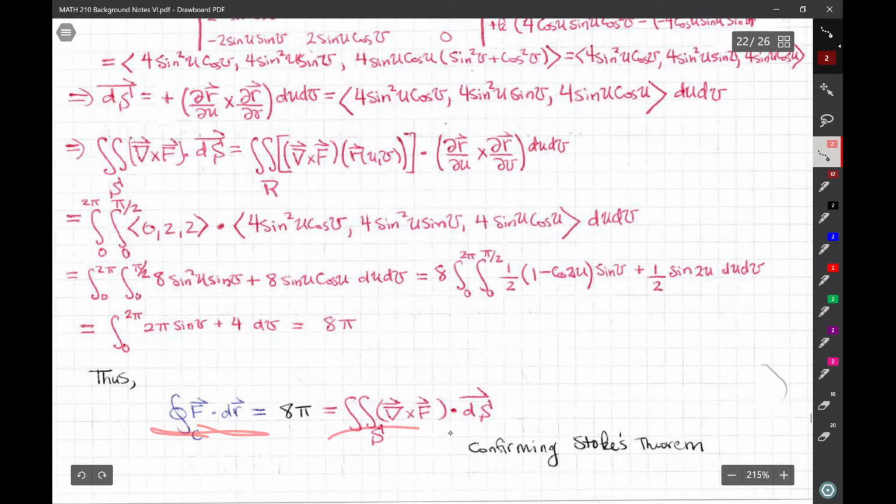And which one would you have preferred to compute? Okay, on some problems you may prefer to do the line integral at the boundary. So on a curve, okay? In other problems, taking the curl of your vector field will turn it into a constant vector field, and it will be sort of easy to compute the vector surface integral.